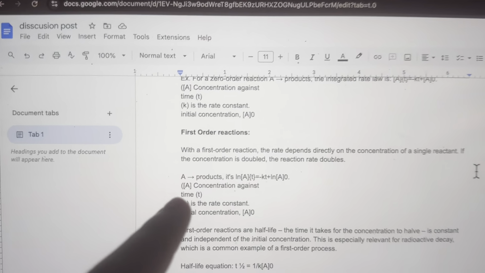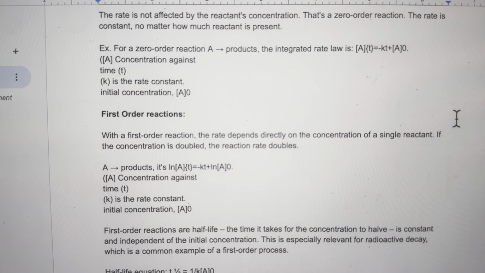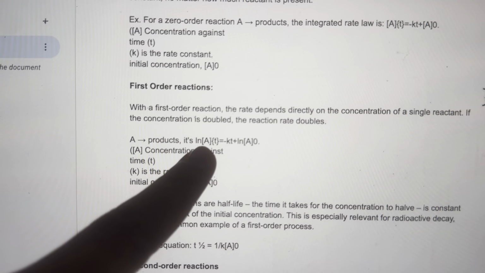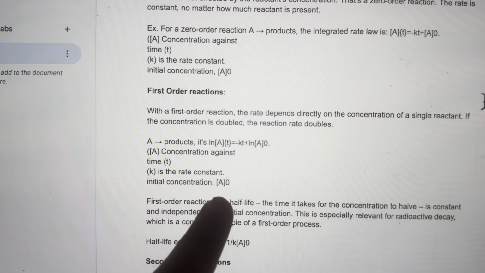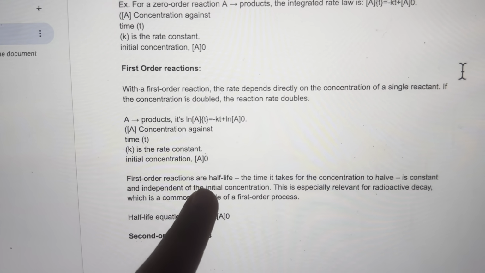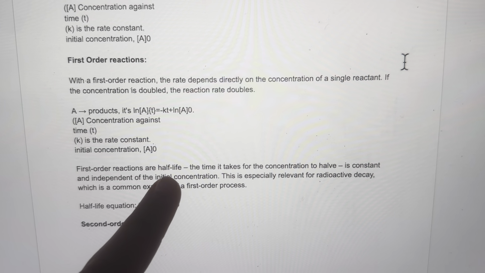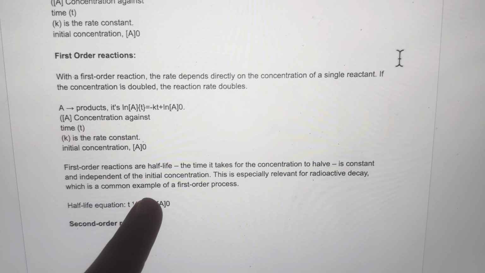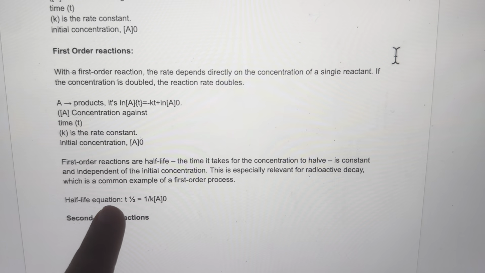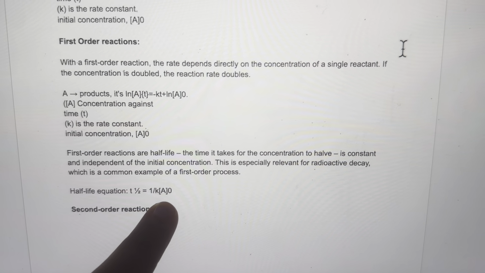We can see a difference between this one and the zero order, that there's an inverse sign at the beginning of the concentrations. So that is one difference. Another difference is the half-life of first order reactions, which means that the time it takes for the concentration to halve is constant and independent of the initial concentration. We do have the equation here if we needed to figure that out.